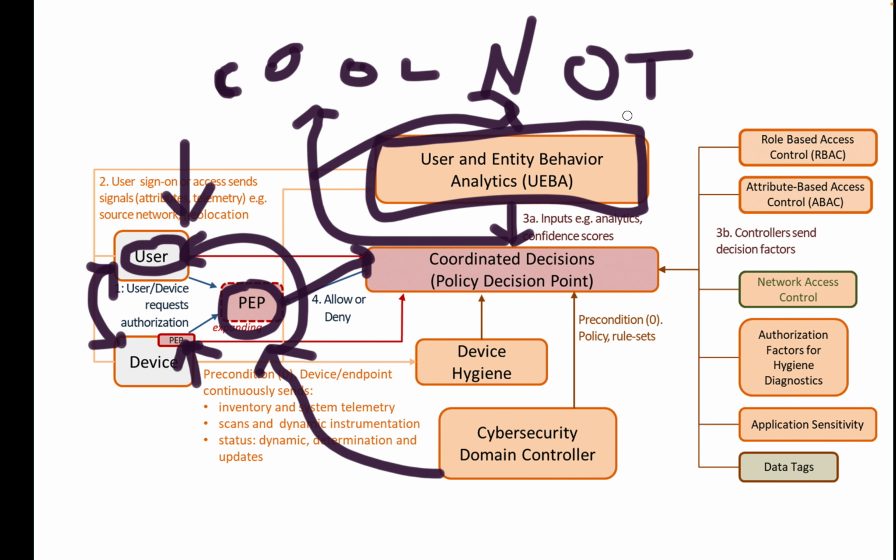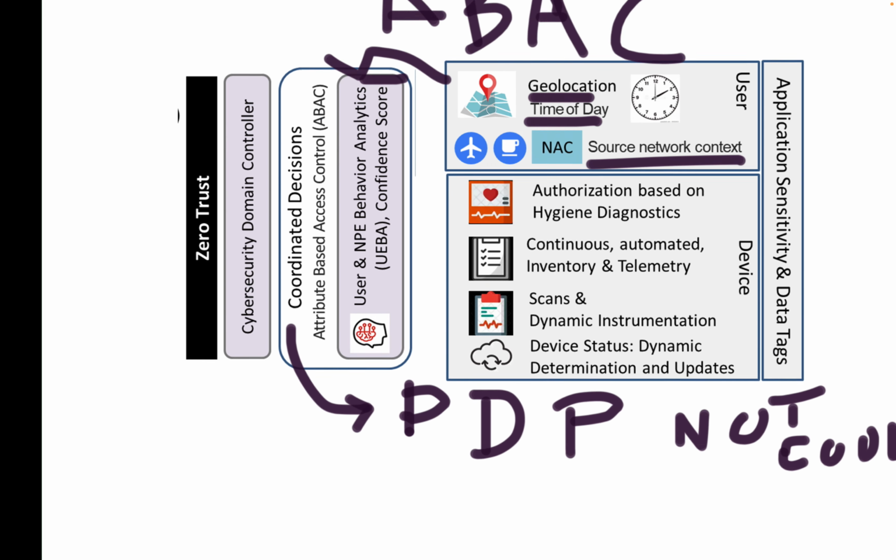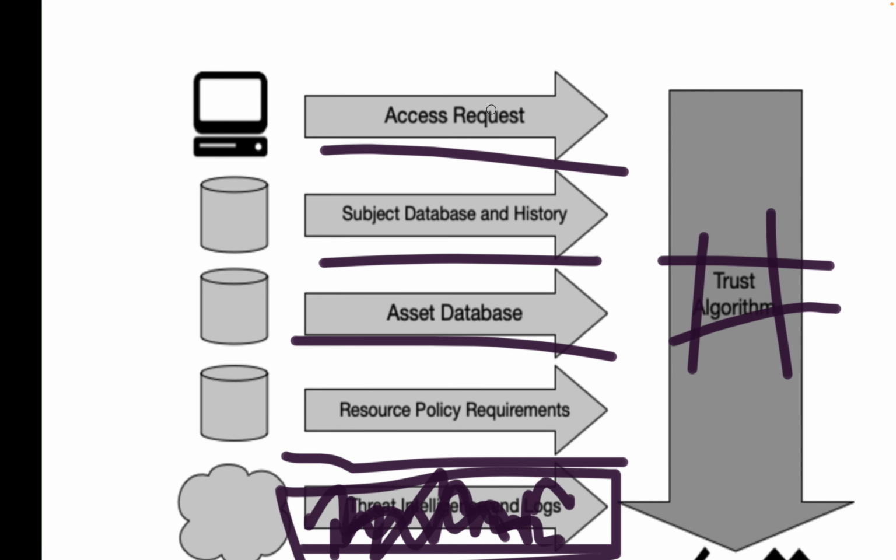And that could change at any given moment. The user could be cool until they try to copy a file and download it on a device that's not in our asset database, therefore making them not cool. Because remember, an asset database was part of the trust algorithm.